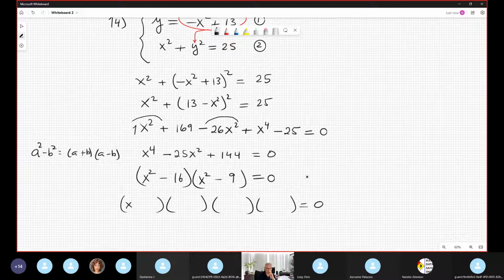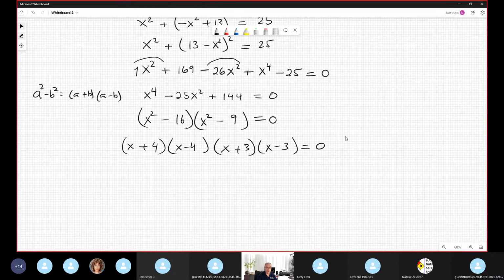So the square root of x squared is x, and the square root of 16 is 4, plus and minus, and the square root of 9 is 3, plus and minus. Actually, we have 4 solutions. The solutions are plus and minus 4, and plus and minus 3.